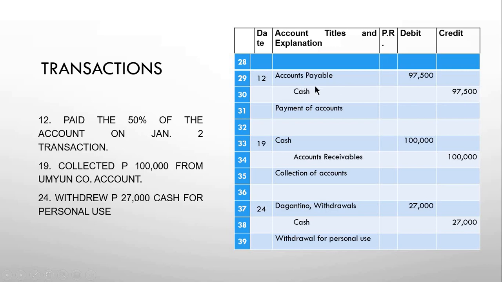O dahil binayaran na natin yung utang natin, liliit na din yung utang ng business. Kaya, i-debit natin si accounts payable. Remember that accounts payable is a liability that has a normal credit balance. Dahil lumiit siya or nag-decrease siya kasi binayaran na natin siya, we debit accounts payable for the same amount, 97,500. Payment of accounts. Now, for number 19 or January 19 transaction, collected 100,000 from Union Co account.